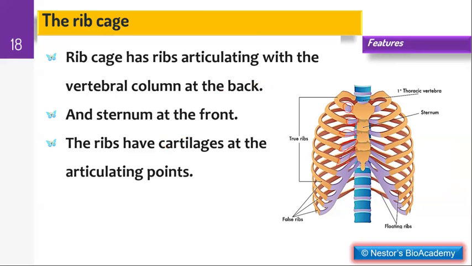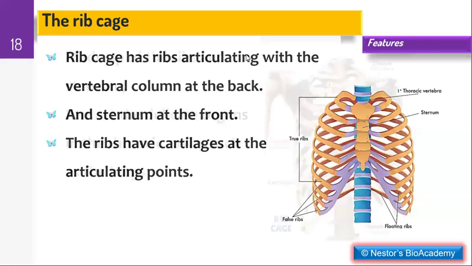The ones I'm just circling here, these ones are cartilages. So the ribs are not always attached to the sternum directly. These cartilages are very important because they minimize friction, and they permit some degree of movement, and that is what brings about flexibility of the rib cage.